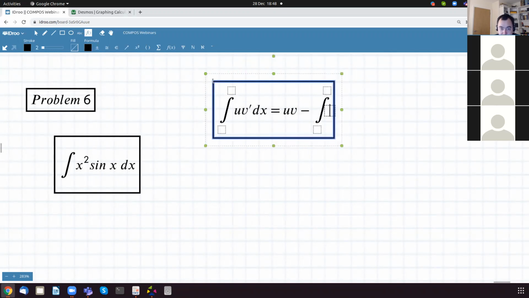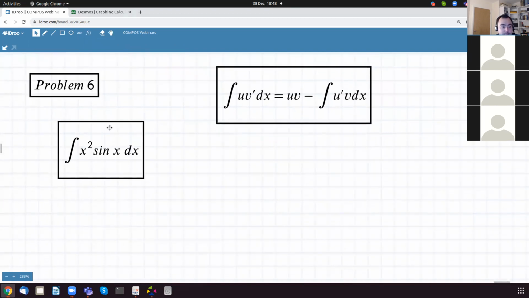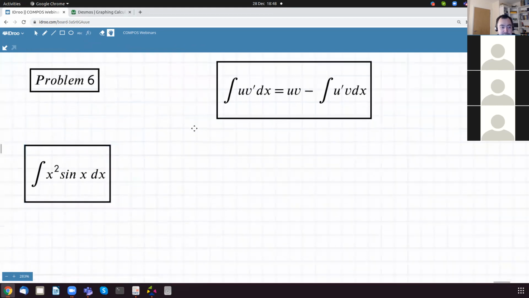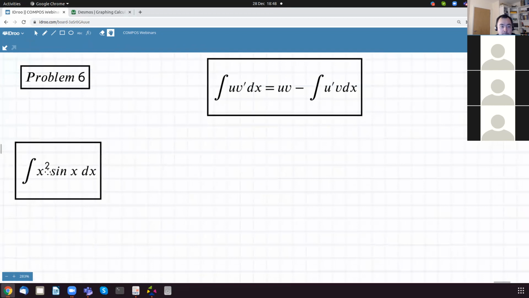Now the proof of this formula is in the assignment, so I won't do that here. So what does that mean? Well, you need to figure out which is which in here. And u and v are functions of x, of course.